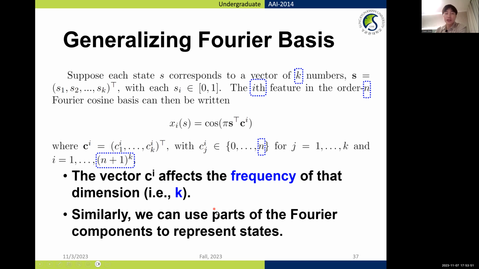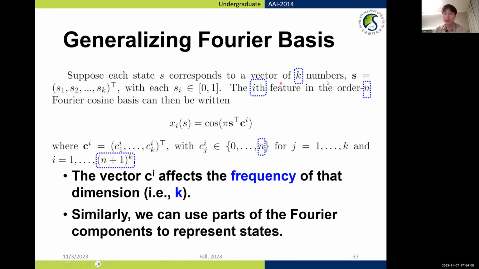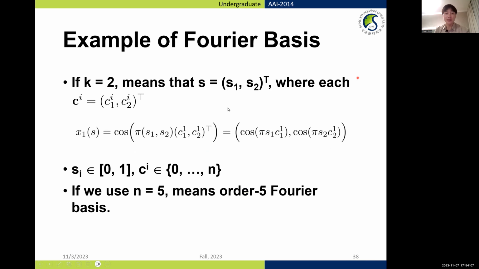In practice, we use partial components of this Fourier basis function to represent the states. For example, consider k equals 2. Then s only has 2 state spaces.